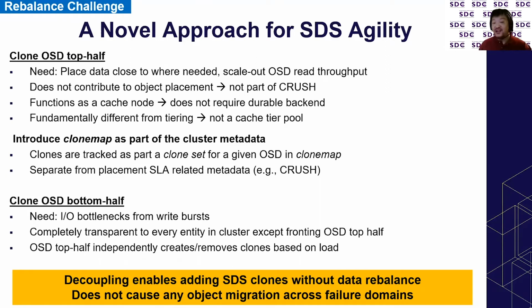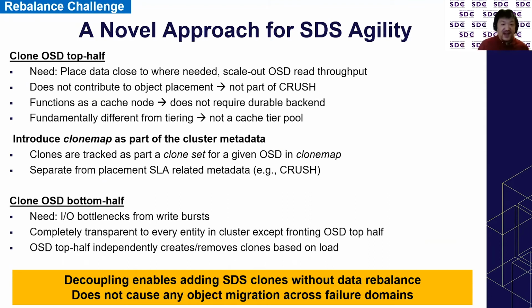And it is completely transparent to every entity in the cluster except the fronting OSD top half. This is also the benefit you can see coming from the decoupled top and bottom half. The OSD top half independently removes clones based on the load, so it can take care of both the load from the front side, the client side, or the backend on the target side.